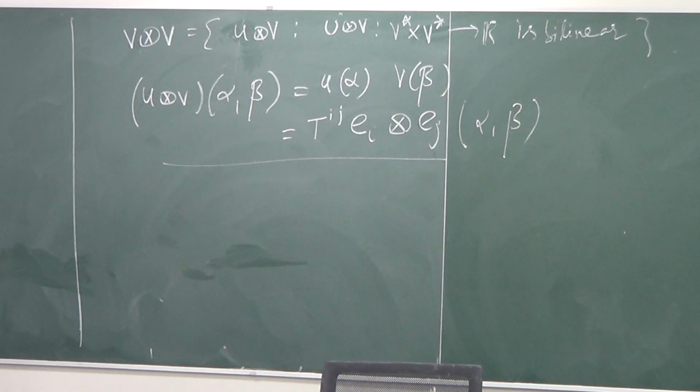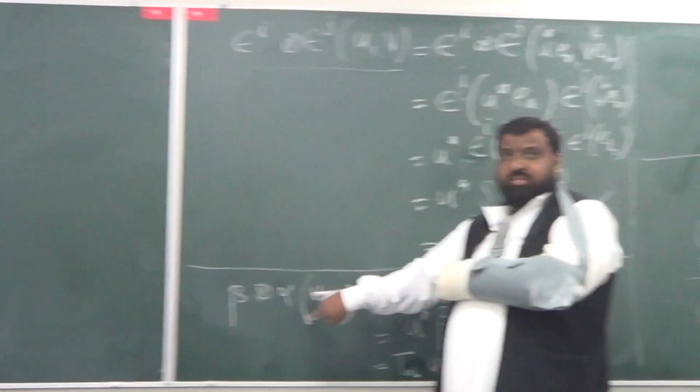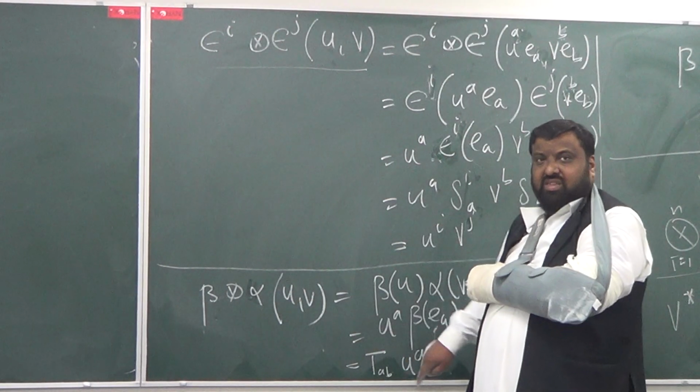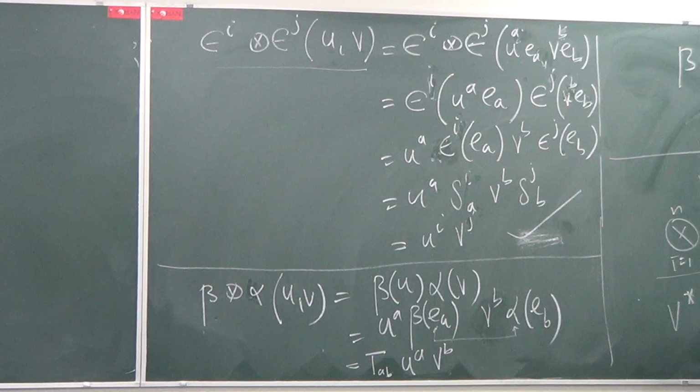Here beta and alpha are fixed while U and V are arbitrary. So when they are fixed, when they are the same, they agree with each other. Yes. Is it making sense? They are of the same nature actually.